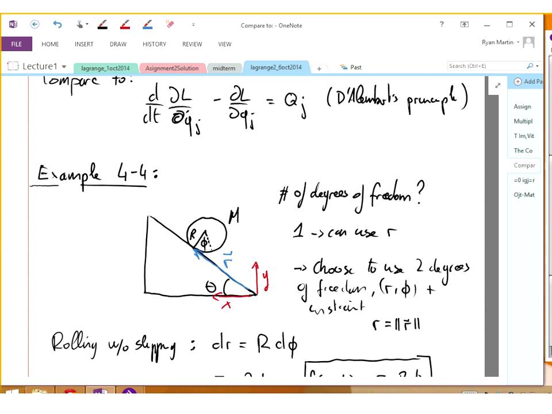So what we'll start with next week, or Wednesday, is we'll do the same problem again, but now we'll use 3 degrees of freedom, the x and y positions of the center of mass and phi. And we'll see how the constraint of going along the plane also gives additional forces. Okay, any questions about that?